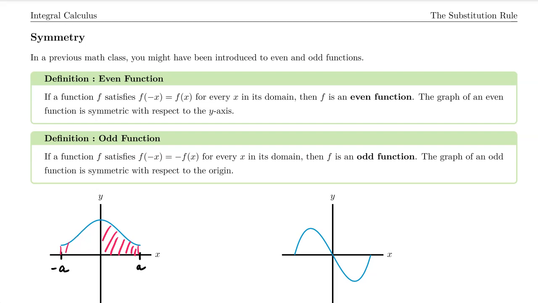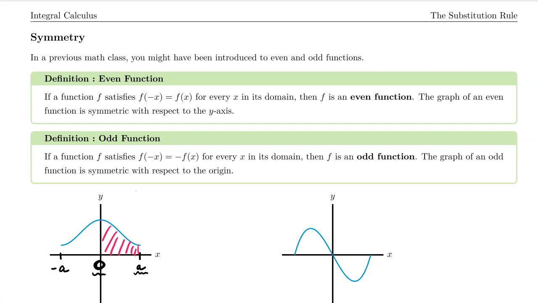So what I could do is I could instead find this area starting at x equals 0 and ending at x equals a, and then I would just need to double that. So why would we go about doing that? Well, a lot of times when one of our limits of integration is 0, if we're using part 2 of the fundamental theorem of calculus, oftentimes it's easier to evaluate a function at 0.